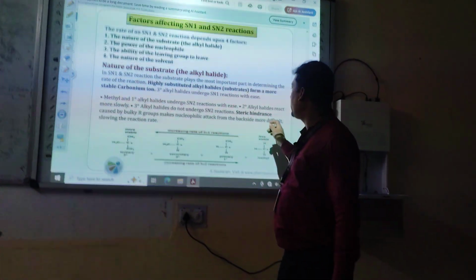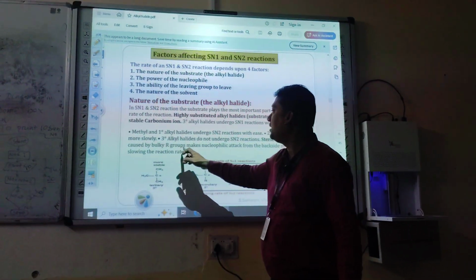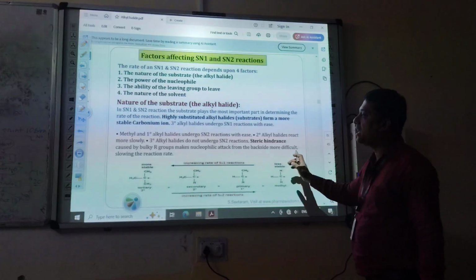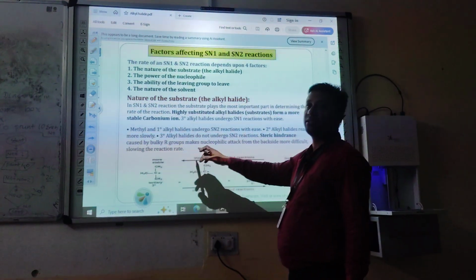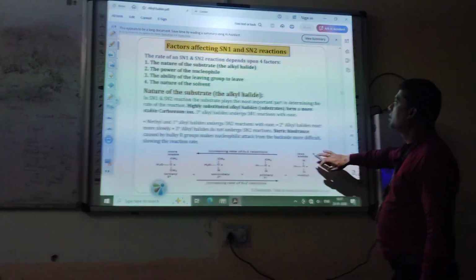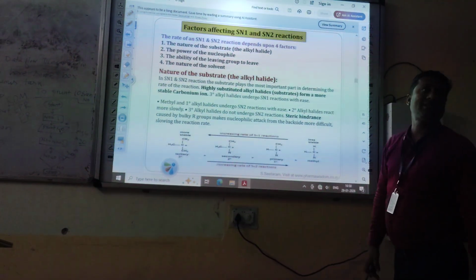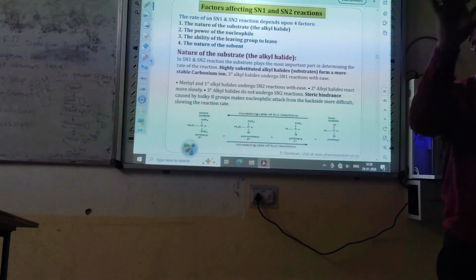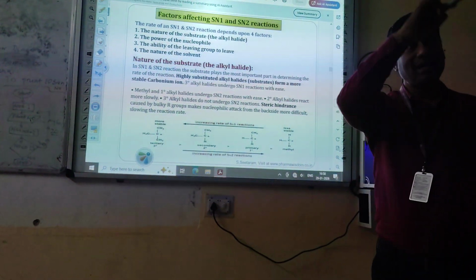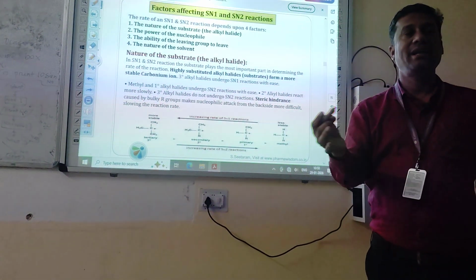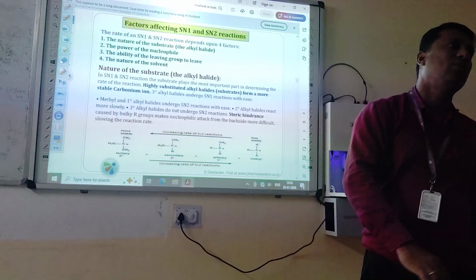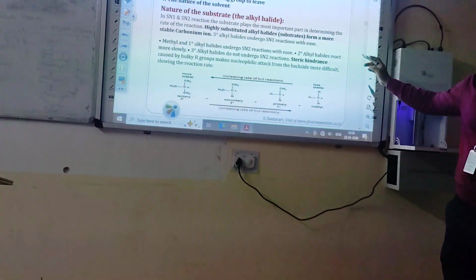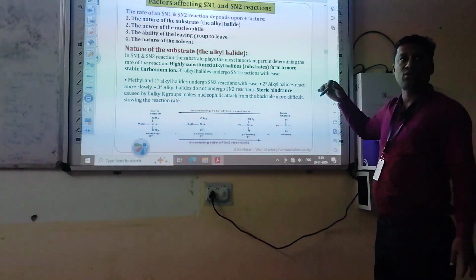Steric hindrance caused by bulky R groups makes nucleophilic attack from the backside more difficult, slowing the rate of reaction. Can you all understand? The methyl group or ethyl group are larger groups, and the nucleophile cannot pass through to the central carbon. That is known as steric hindrance. It has been studied at the +2 level also.